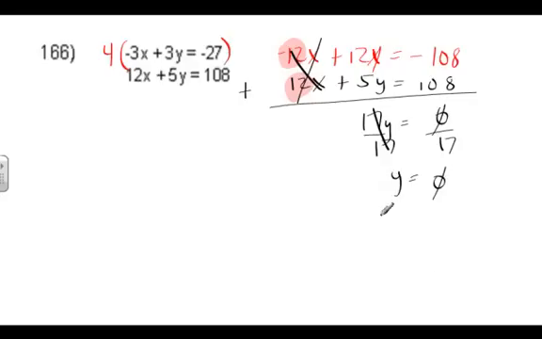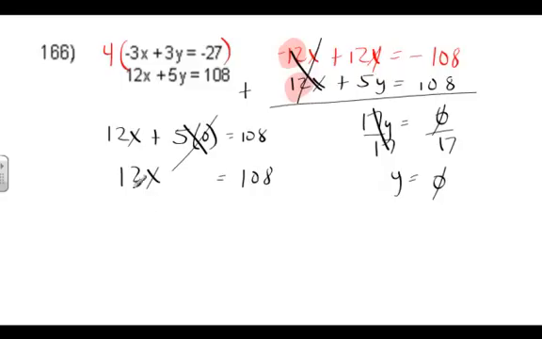Okay, substitute 0 back into the equation. So I have 12x. I'm going to put the 0 for that y. So that's going to be 12x. That's nothing. So then I divide by 12, and what is that? 9 times, right? Okay, so your ordered pair, or your point of intersection, is 9, 0.